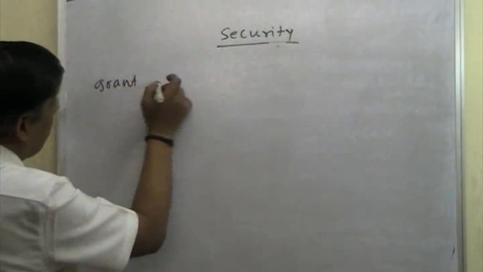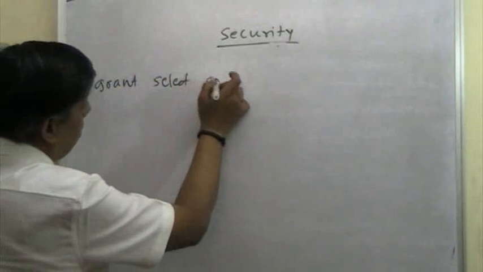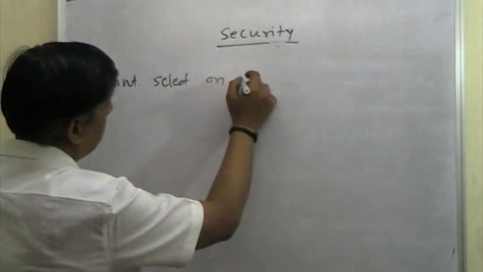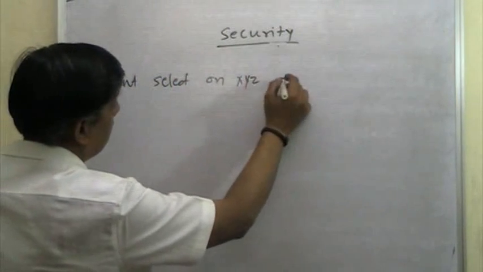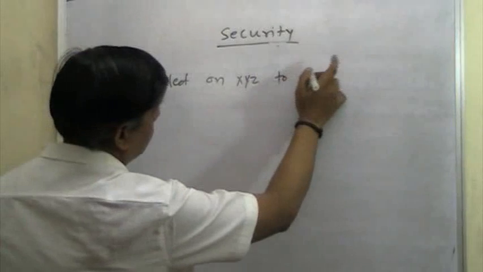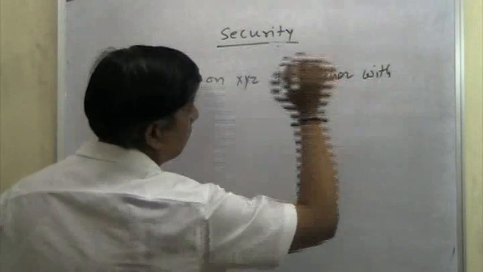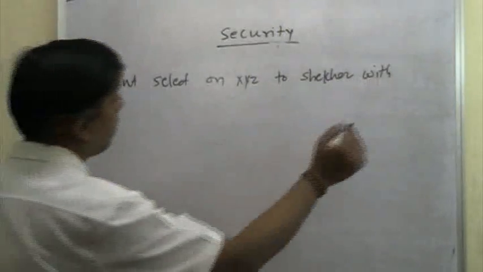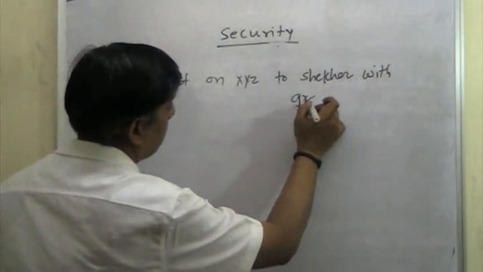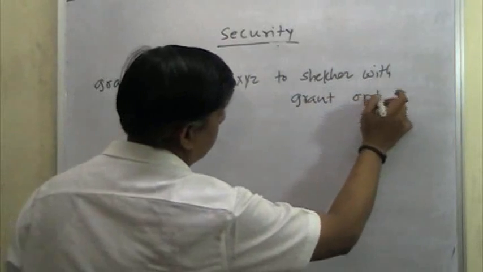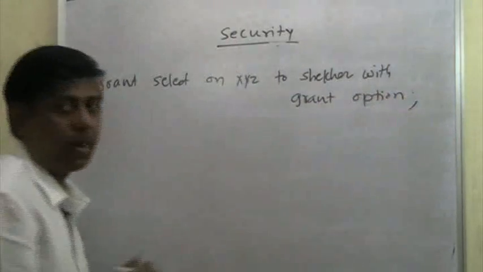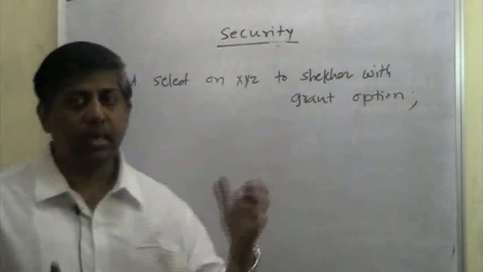Grant select on, let us say the table is XYZ, to Shekhar with grant option. I will write it down here. Grant option. Okay, this is the command that I execute.